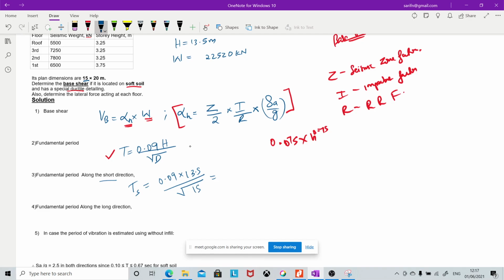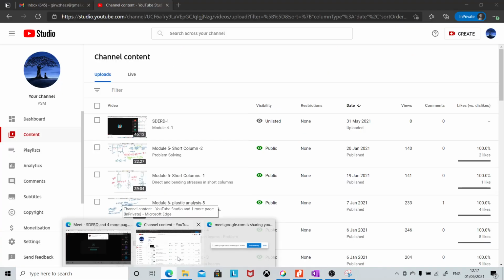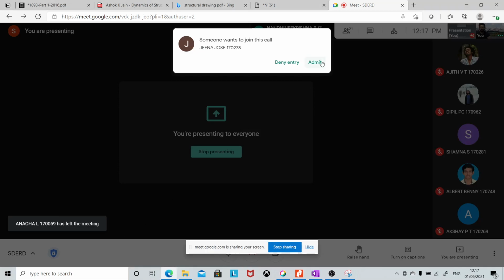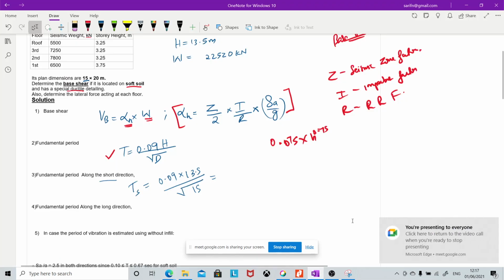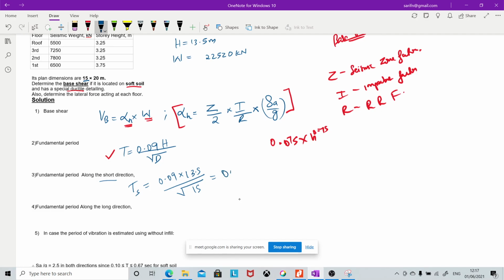So you put 15 here, and this value you can get as 0.314 second.